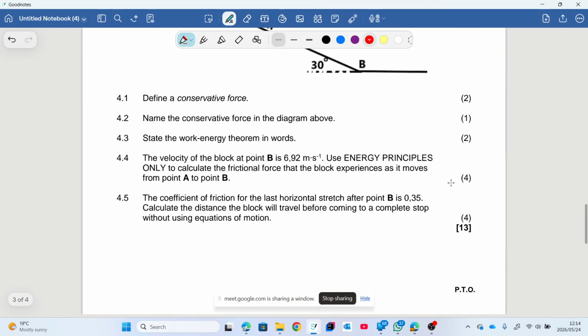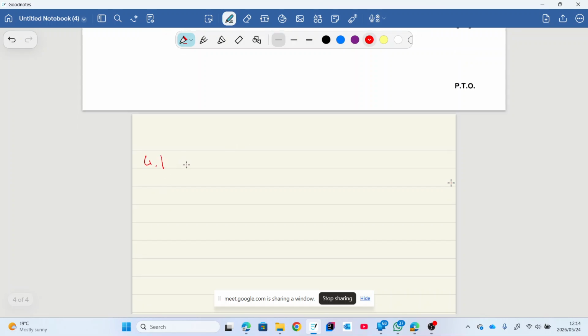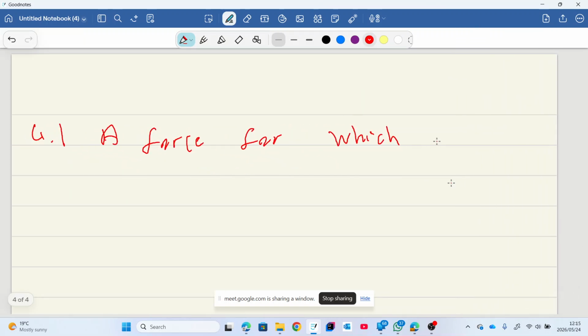So when we talk about a conservative force, it is a force for which work done on the object is independent of the path taken.